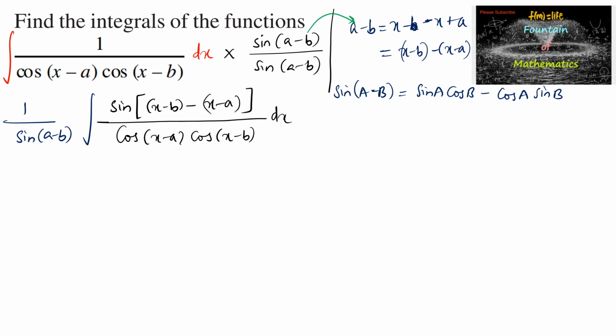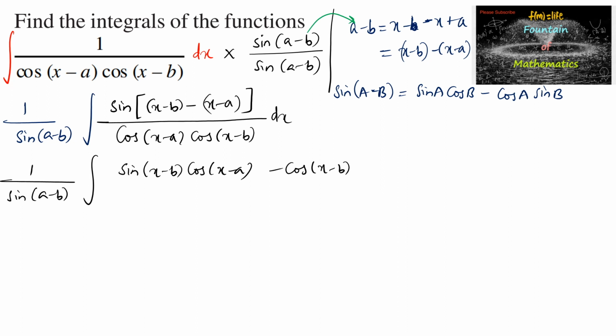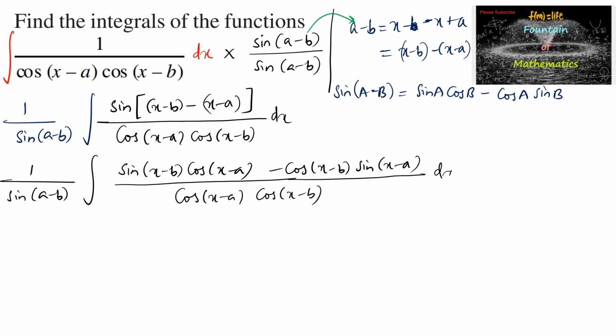So here we can write 1 upon sin of a minus b integral of sin of x minus b into cos of x minus a minus cos of x minus b into sin of x minus a, the whole divided by cos of x minus a into cos of x minus b. So let us separate them.